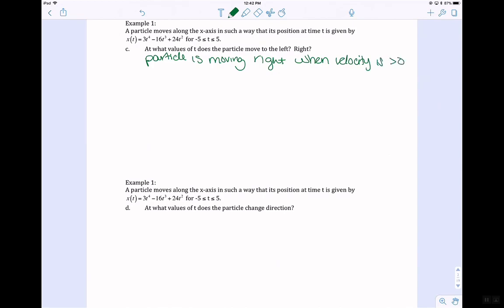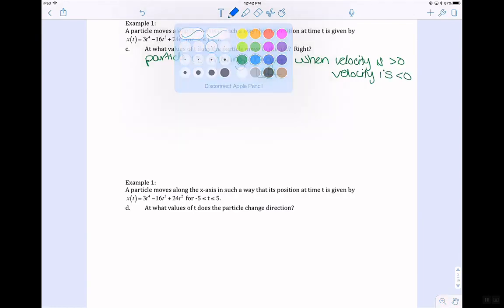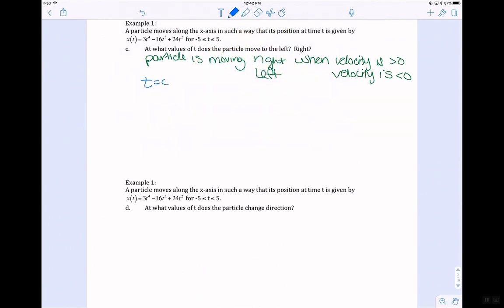And then the particle is moving left when the velocity is less than 0. Okay, so we know from part B that when t is equal to 0 and 2, the particle is at rest.